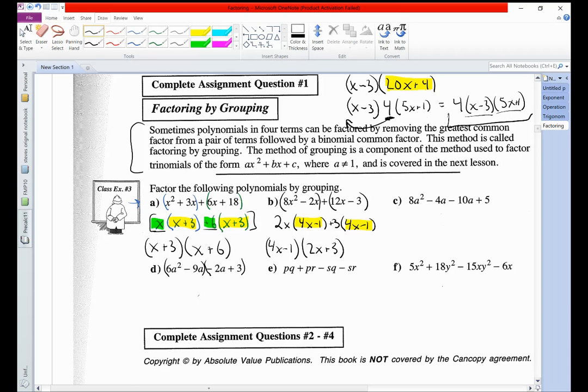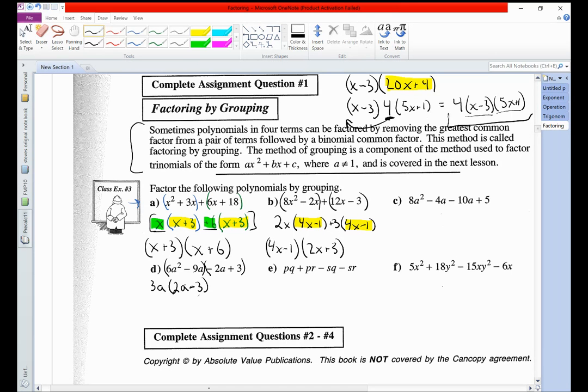So the first group, we have 6a squared minus 9a. We can pull out a 3a, and we're left with 2a minus 3. The second group almost looks like that binomial already, but you notice that the signs are switched. It's a negative 2a plus 3, and the other one is positive 2a minus 3.